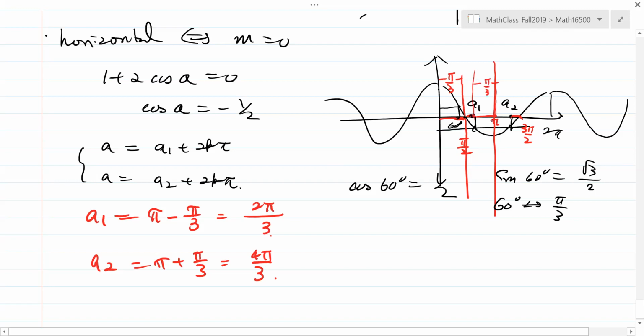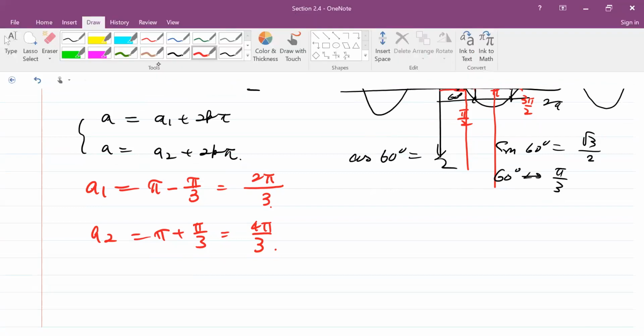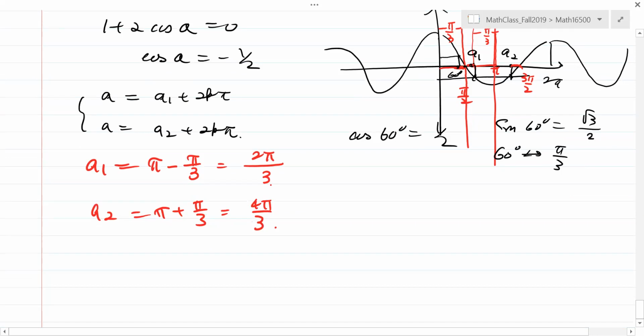So that's pi minus pi over 3, you get that angle. And pi plus pi over 3, you get the A2. So we get those two solutions. But I'll show you another way, if you don't think the geometry picture is helpful, then you can solve this.